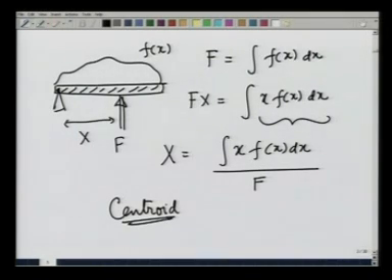Therefore, the net force is the area of this force distribution curve, and the point at which effectively this force acts is the centroid of this area formed by the beam and this force distribution curve. That is how we use the concept of the first moment or the centroid.